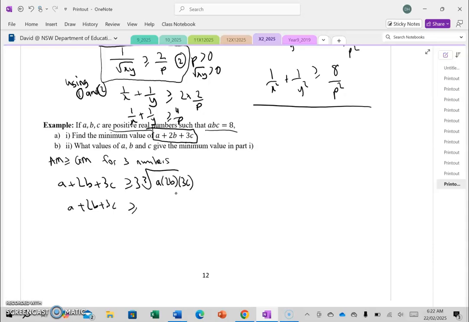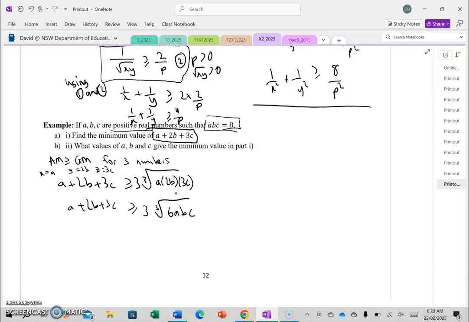So the 3 numbers, x is a, y is 2b, and z is 3c. Okay, so let's simplify this. This is cube root, that'll be 6abc. And we know that abc is equal to 8. Ooh, cube root of 8 is 2.